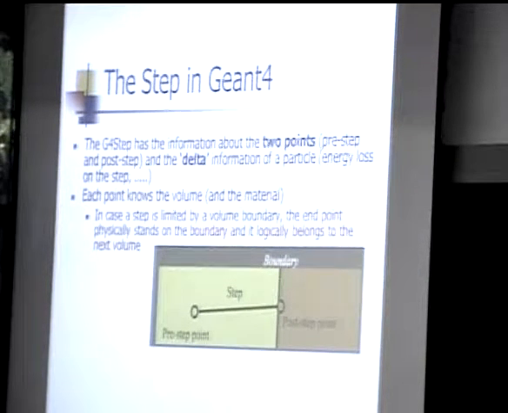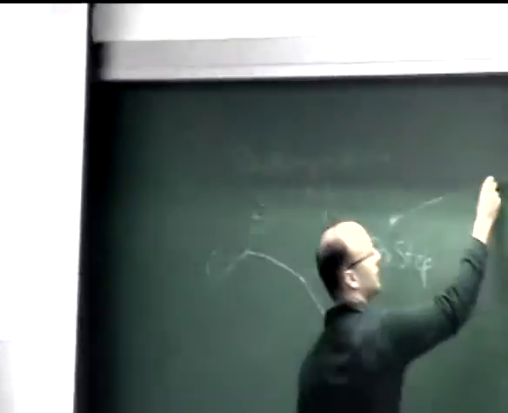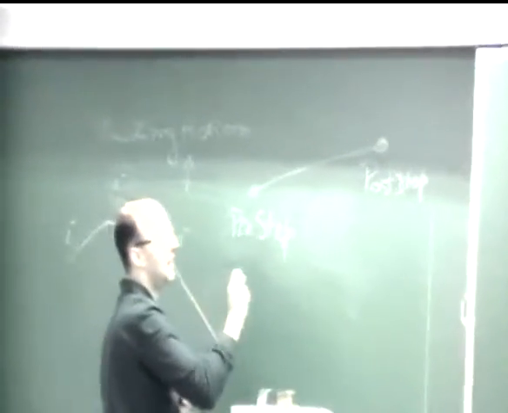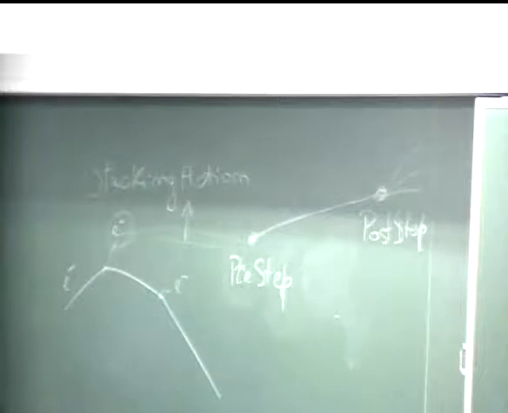So you are tracking a particle, you have a starting point, which is called the pre-step, and you have a final point, which is called the post-step. And the step is this segment which the particle travels in a straight line. So nothing happens through the step, and the physics happens at the end of the step. So the interaction is happening at the end of the step.